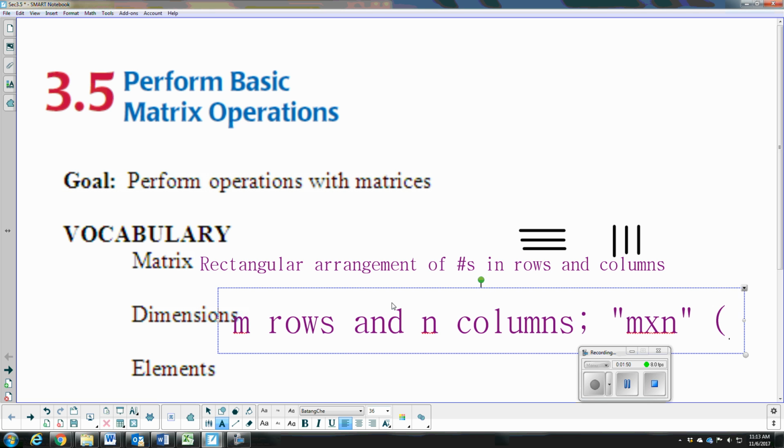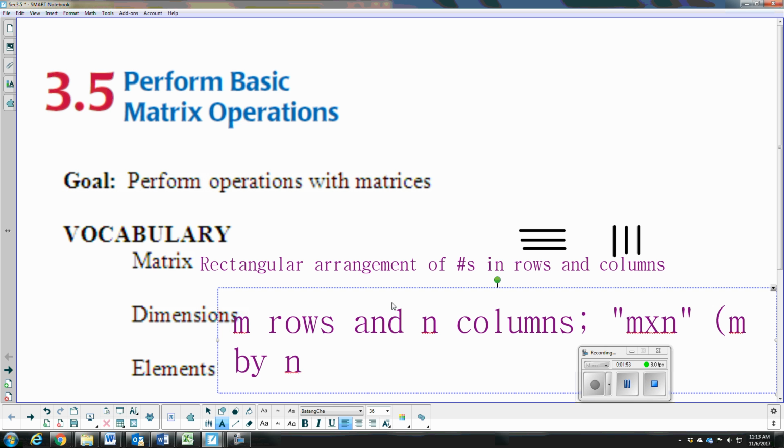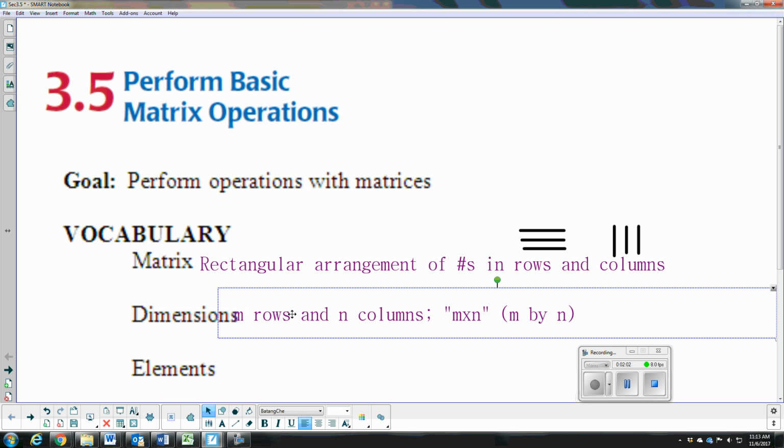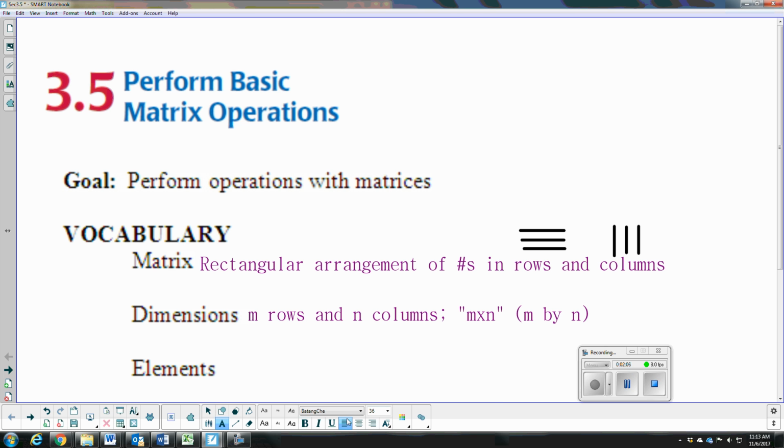So you'll say M by N. The next term, elements. The elements of a matrix are the numbers in the matrix.